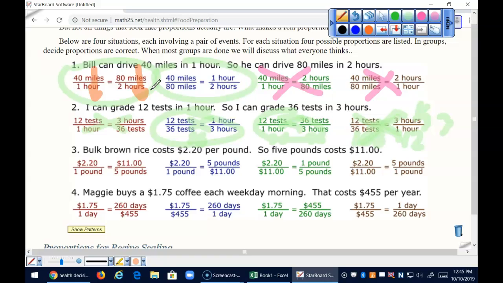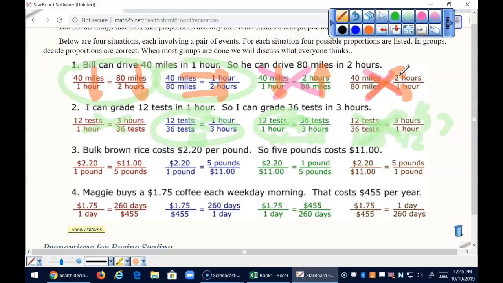The pattern was the same. For this one, miles an hour, they're opposite. And for this one, miles an hour, and it's the wrong way. 40 miles goes with 1 hour, 80 miles goes with 2 hours. Now it's even worse. It's like Ghostbusters, we're crossing beams.